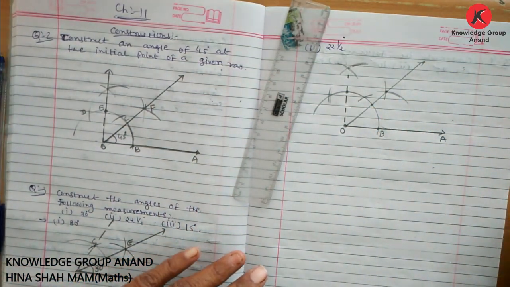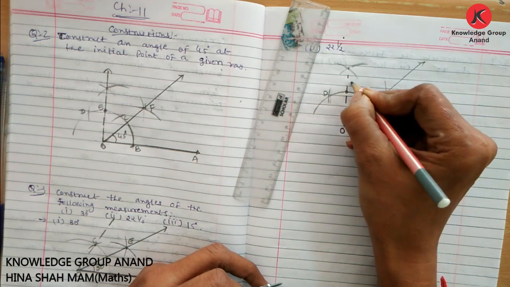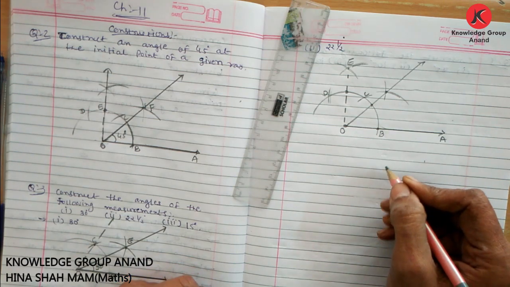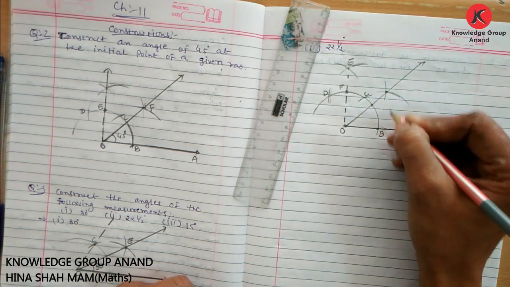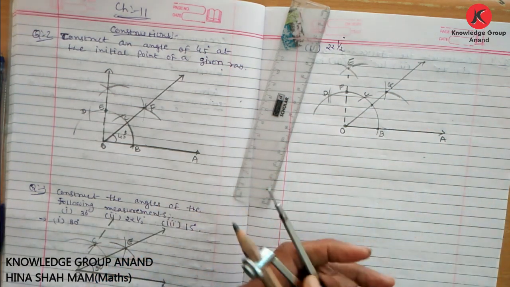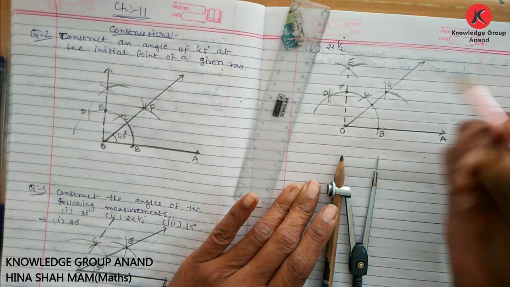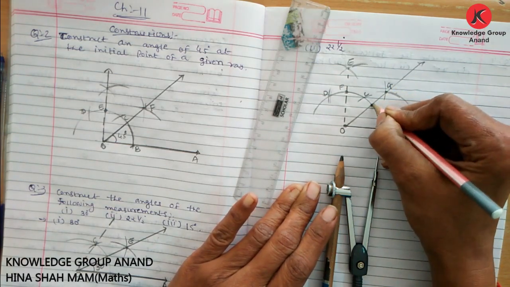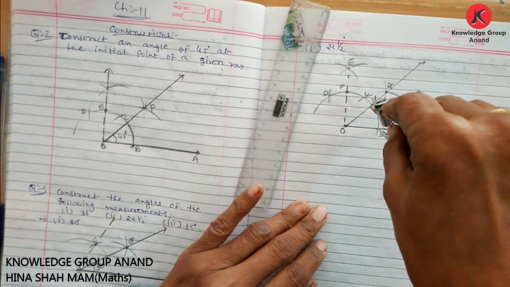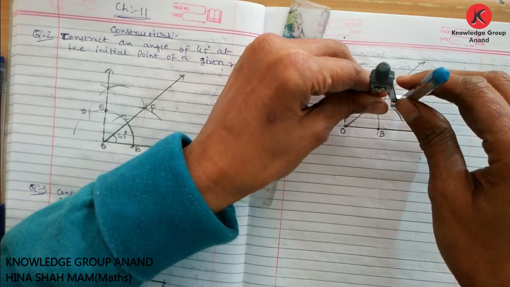Now, the bisector of this angle, given names B, C, D, here E, intersects at F, and the bisector of this angle intersects at G. Now the bisector of B and G, name it H. Then the bisector of B and H, taking B as center and H as center.